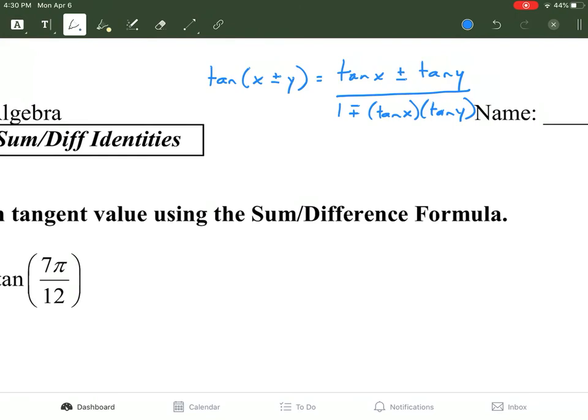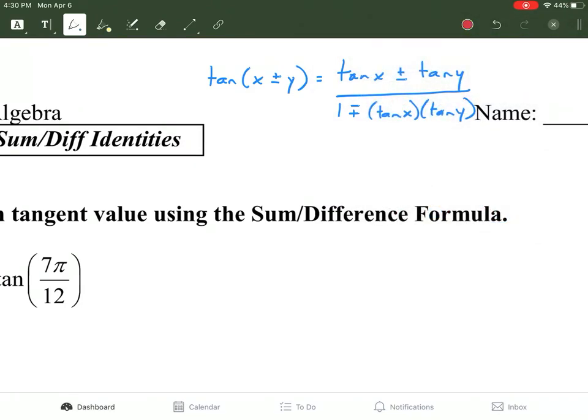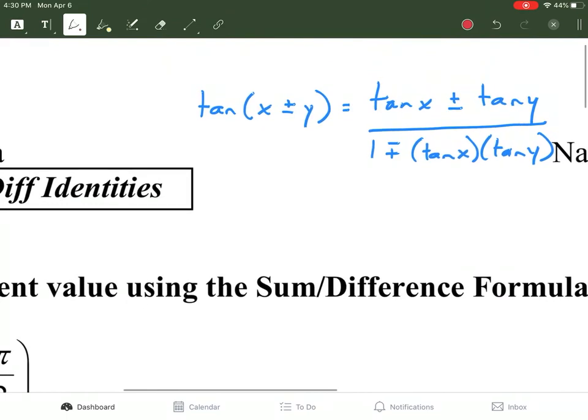Okay, now what do these mean? Because this can be kind of confusing. The way this works is the formula part that you use, since it's plus or minus, is dependent on which one you use in the beginning. That doesn't really make a ton of sense, but here we go. If you're using tangent plus, you're adding the 2 values together, you use the top signs here. You use plus on top and minus on the bottom.